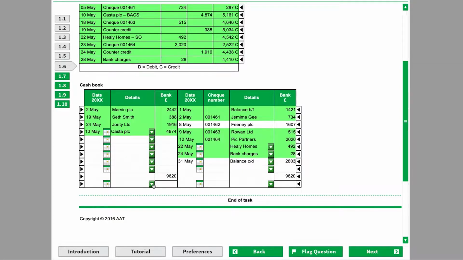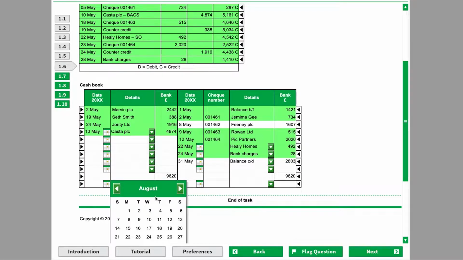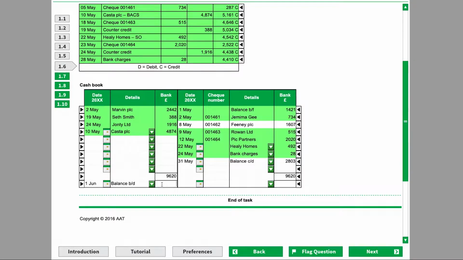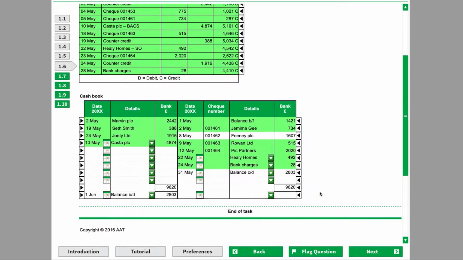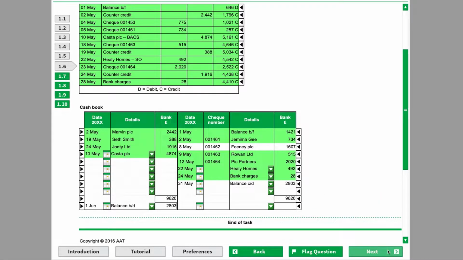And then on the 1st of June, we would have the balance brought down, again, £2,803. And that covers off task 6. So we can move on now to task 7.